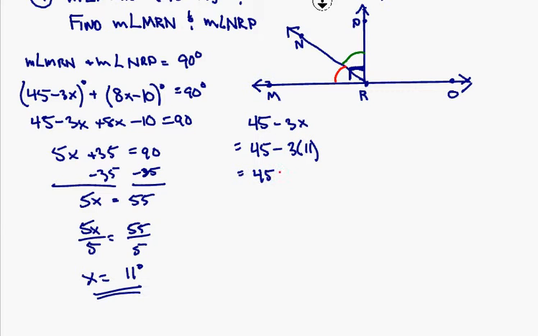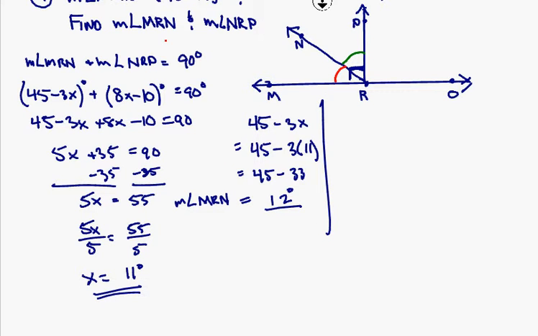So that's going to be 45 minus 33, which is going to give me 5 minus 3 is 2, 4 minus 3 is 1. So that means that the measure of angle MRN is equal to 12 degrees.